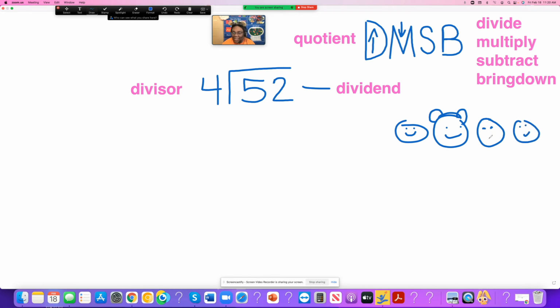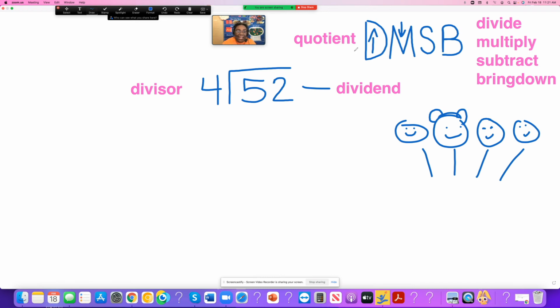So there are how many of us all together? 4. Very good. Now let's say we had 52 apples. We want to make sure that everyone gets the same number of apples. It would not be fair if I got more than you, or if one of your friends had more than you, or if you had more than one of them, right? So what we're going to do first is go through the 4 steps.